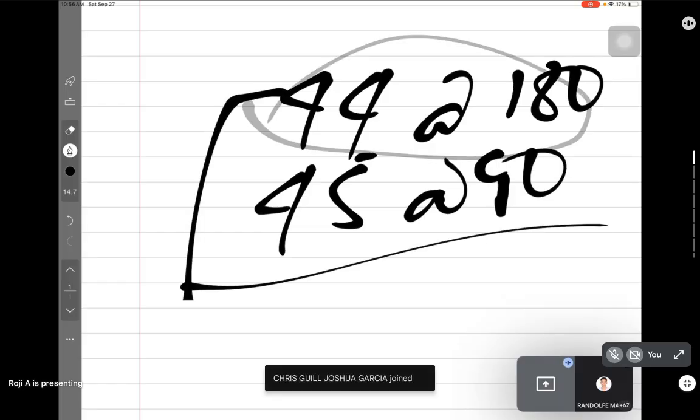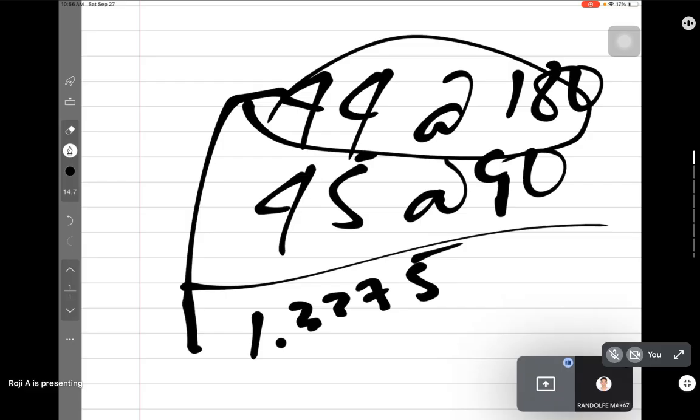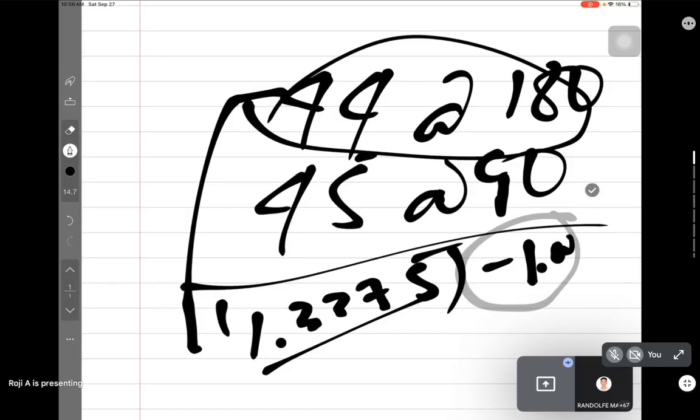What you do is as simple as 1.3375, which is the index of refraction of your ophthalmometer or keratometer, minus the air, which is 1.0, multiplied by 1,000 because it's in millimeters.